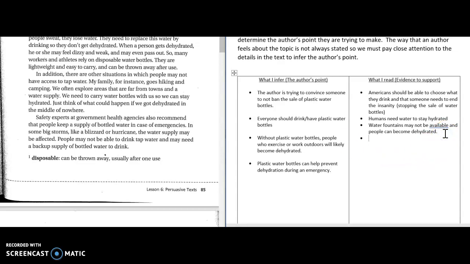Now, what I read that helped me was that water supplies can be affected during emergencies.